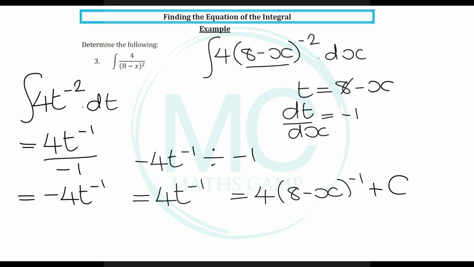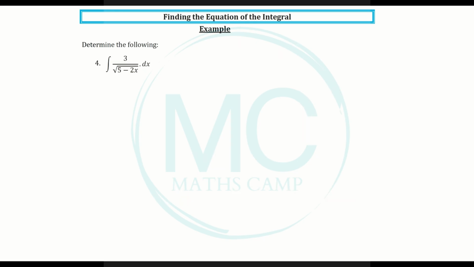Let's do one more. Determine the following. Let's start by not only turning the root into a fractional exponent, but we're going to move this into the top of the fraction as well. And our equation is going to become 3, open a bracket, 5 minus 2x, close the bracket, with an exponent of negative 1 over 2.